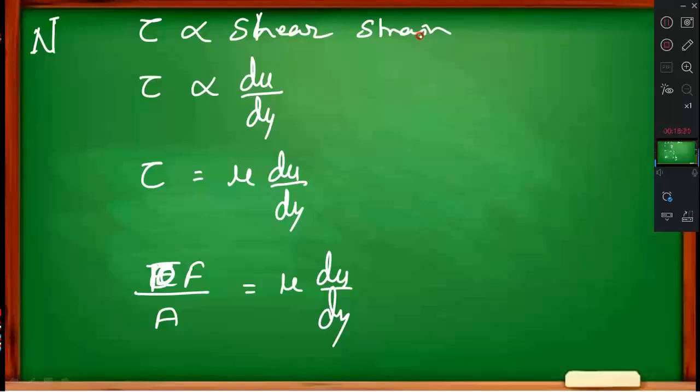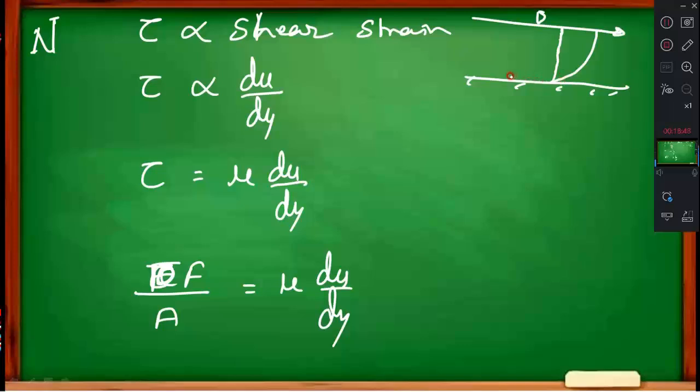The question here is, I said shear strain, but in place of shear strain, why did I write du by dy? This is the rate of change of velocity with depth. Why? Because see, this is water and the fluid is moving like this, and as you go deeper the velocity is changing. That's why I will draw the velocity profile like this.